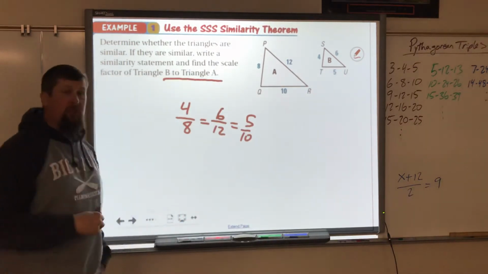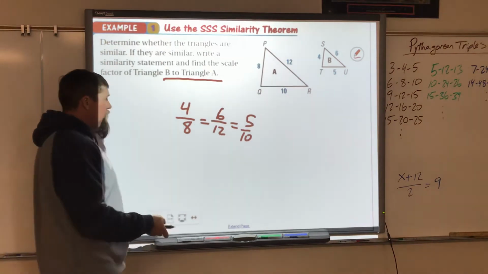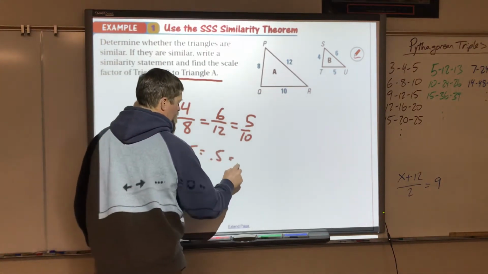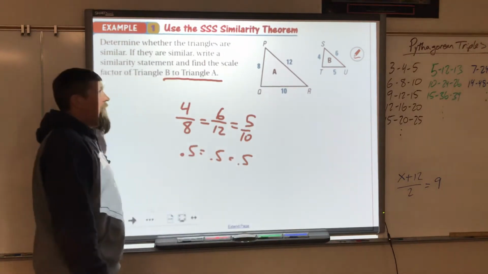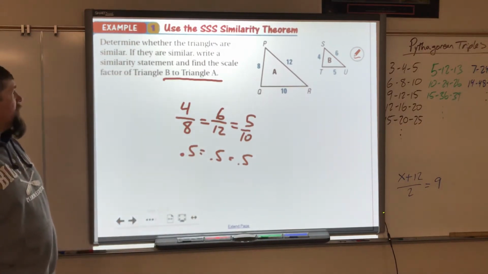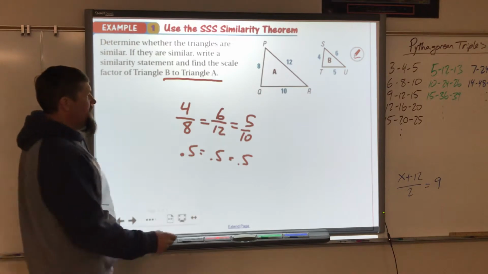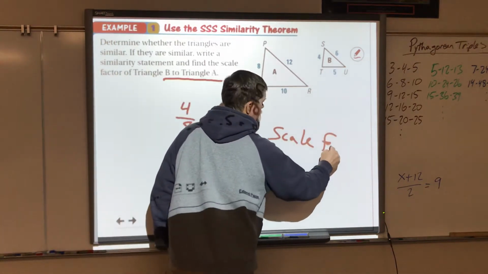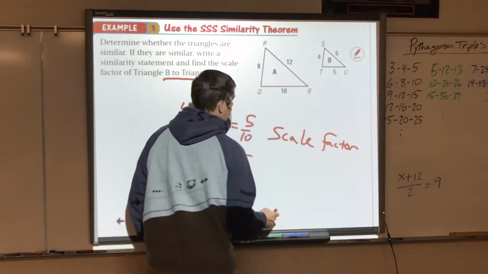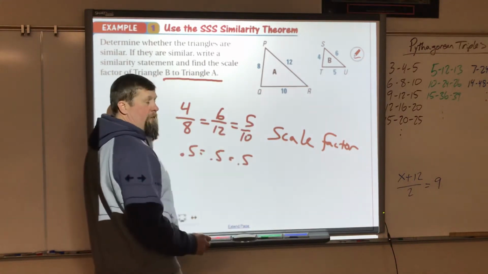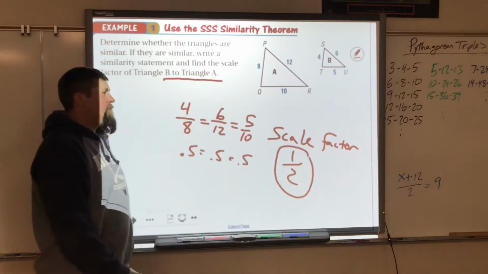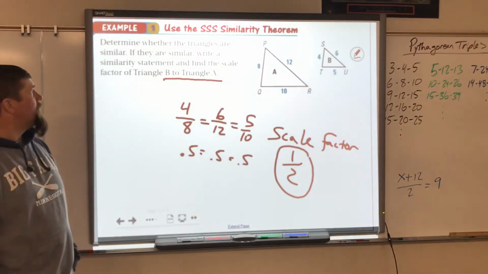If I were to actually use decimals to help me with this, they are all 0.5. So they are similar. The scale factor is every one of these simplified, which is 1/2. So that is my scale factor.